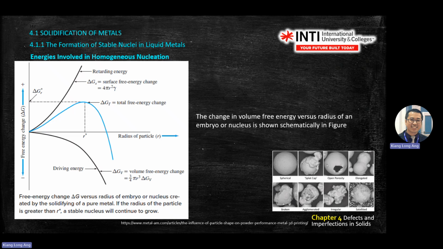So how do you read this graph? On the left is your energy, positive, negative. Energy positive means you receive energy. Negative means you release energy. And this is the radius of the particles. In chapter 3, you learned about the radius of particles.